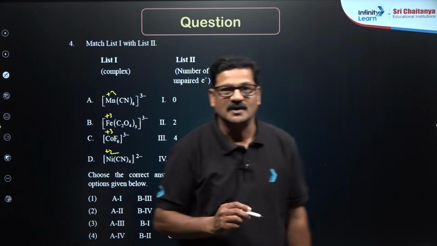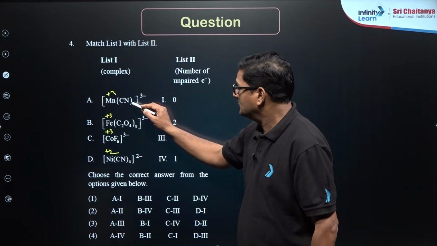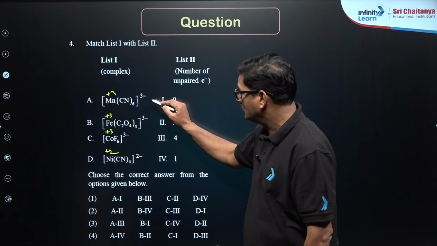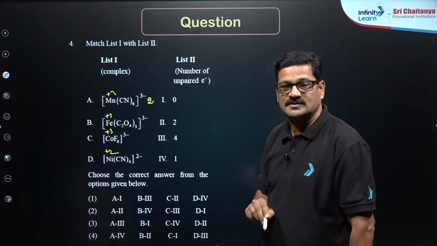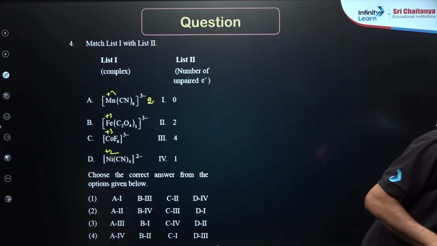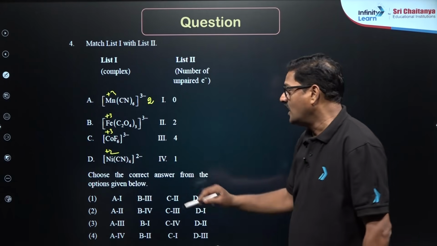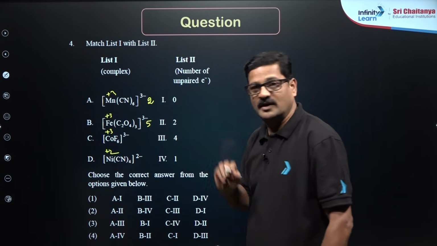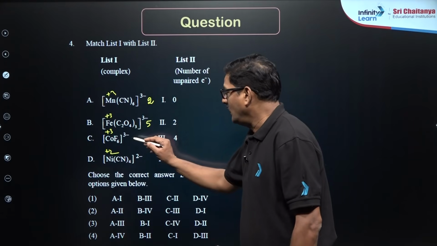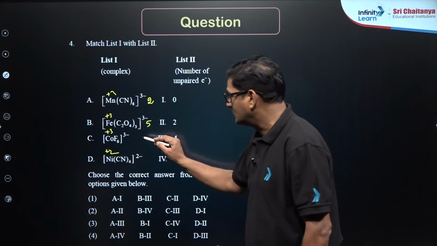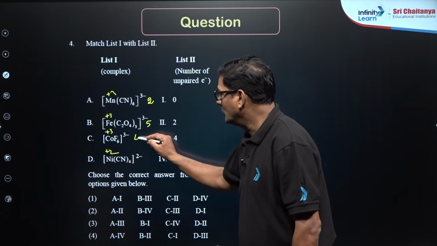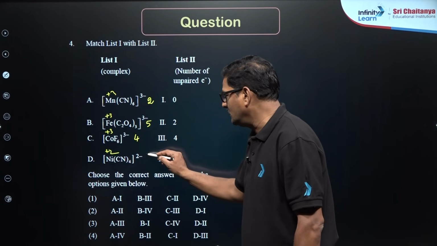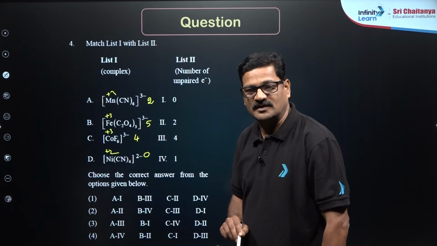With a strong field ligand, manganese is going to have 2 unpaired electrons, iron with a weak field ligand has 5 unpaired electrons, and cobalt with weak field ligands has 4 unpaired electrons, and nickel with a strong field ligand here is going to have 0 unpaired electrons.